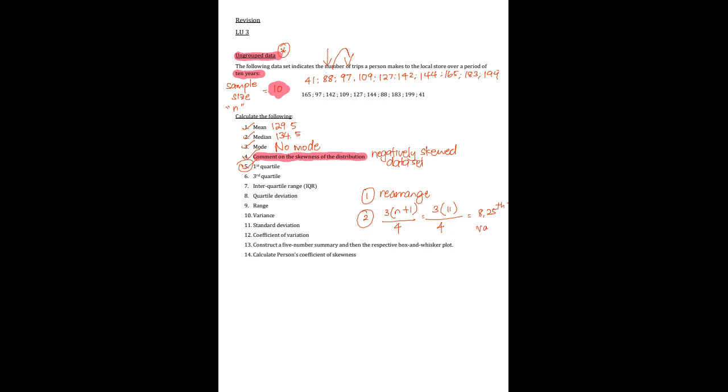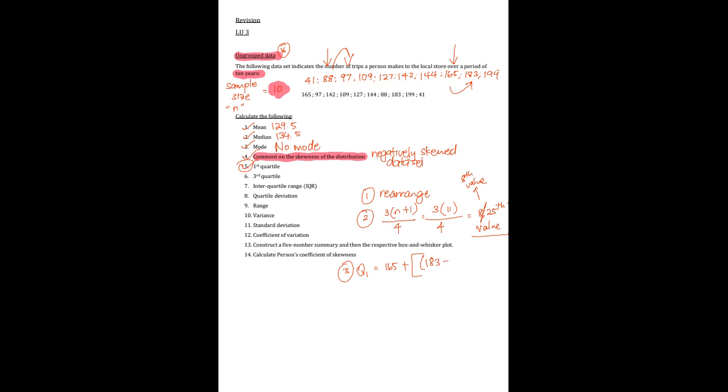Now again, what this means is separate the 8 from the 0.25. 8 says go to the 8th value in your data set. So that would be here, the number 165. So I'm going to start working with the calculation here. So it is Q1 equal to 165 plus the difference between the number after that, which is 183, minus that same value of 165.